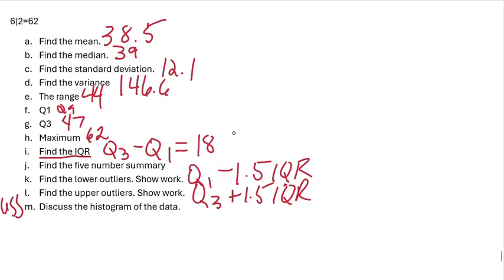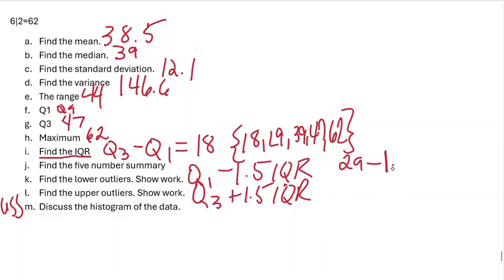The 5-number summary, remember, goes in set braces. It's the 5 bottom numbers on the bottom of the Stat Calc one variable statistics screen. It is 18, 29, 39, 47, and 62.